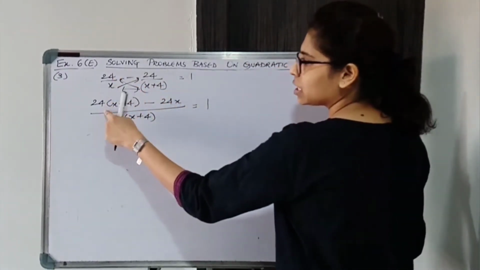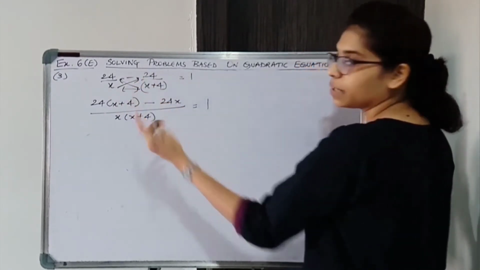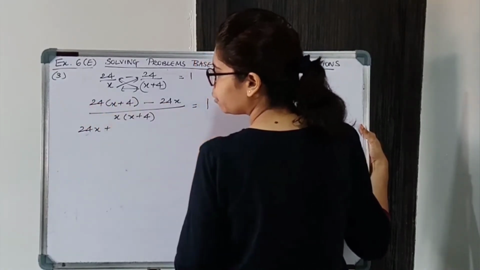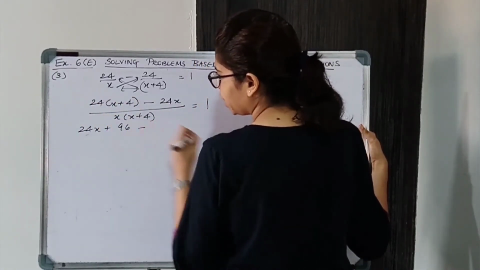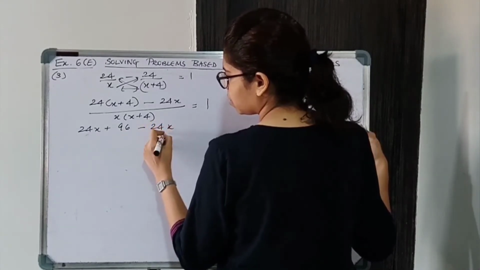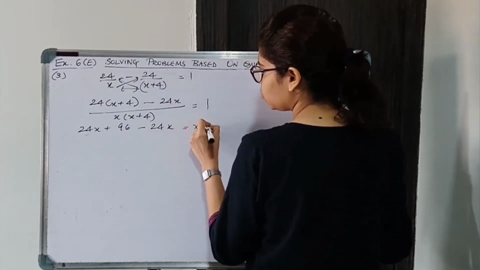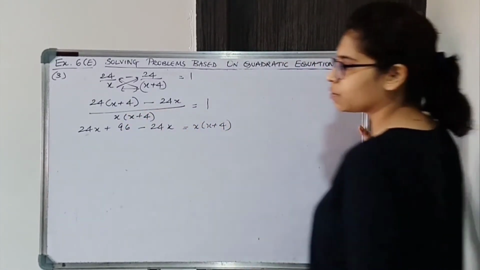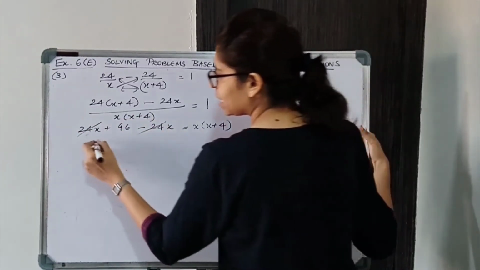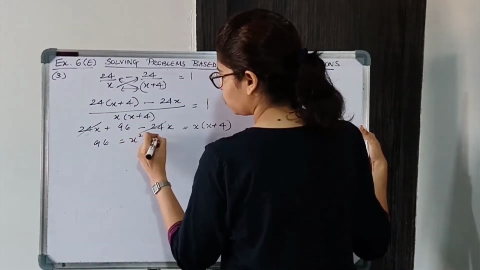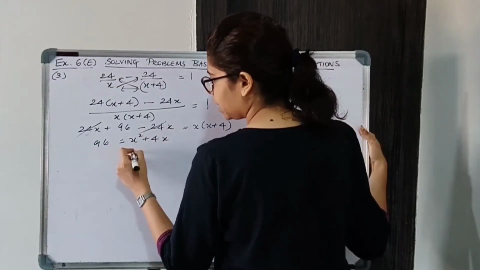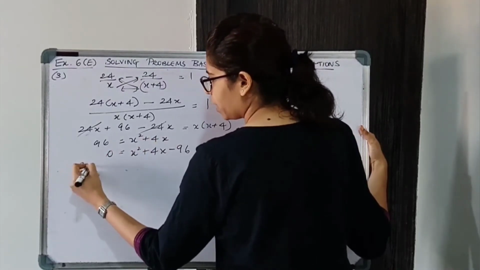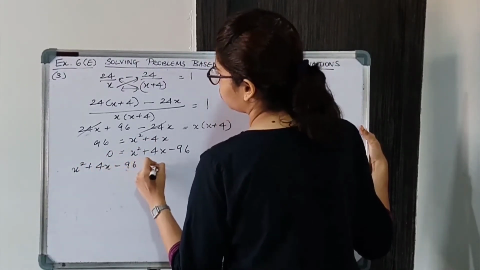Now 24x plus 24 into 4 gives 96, minus 24x is equal to x into x plus 4. 1 into x plus 4 gives x into x plus 4. This will get cancelled, so 96 is equal to x square plus 4x. Shifting this to the other side, I want x square to be positive, so x square plus 4x minus 96 is equal to 0.